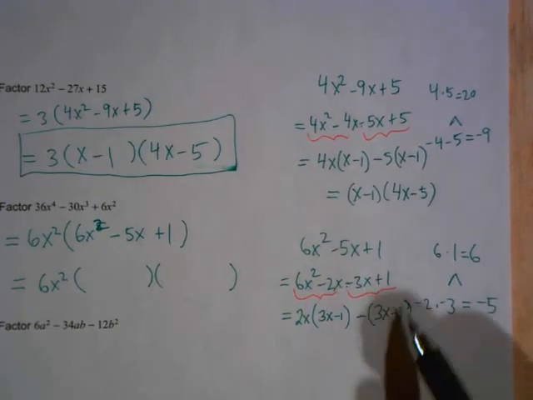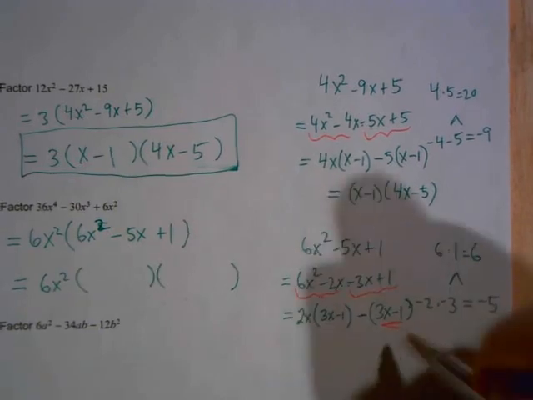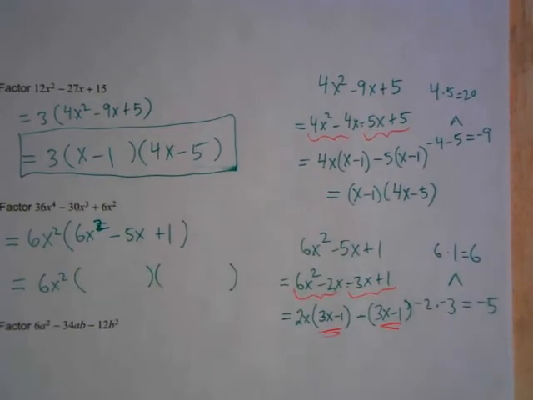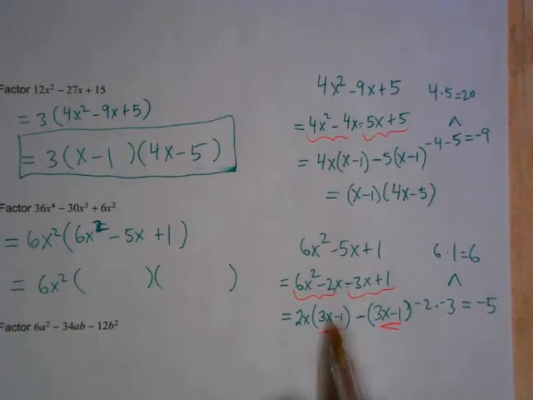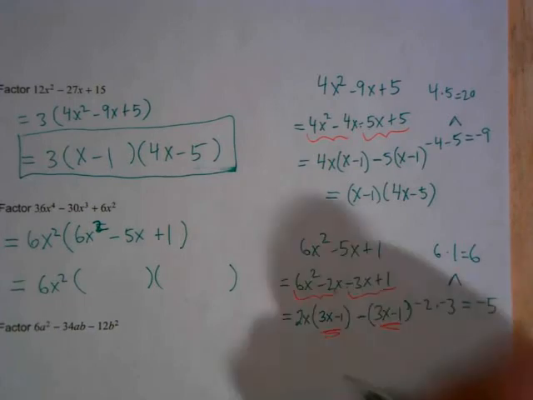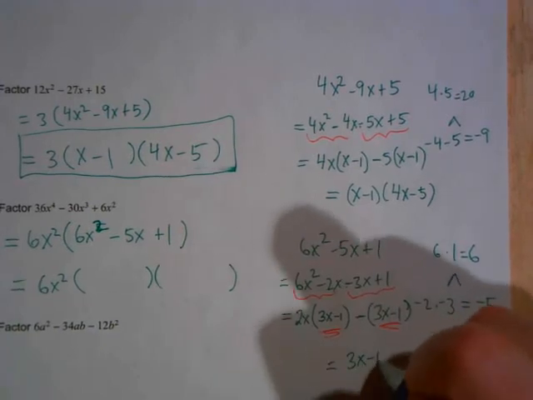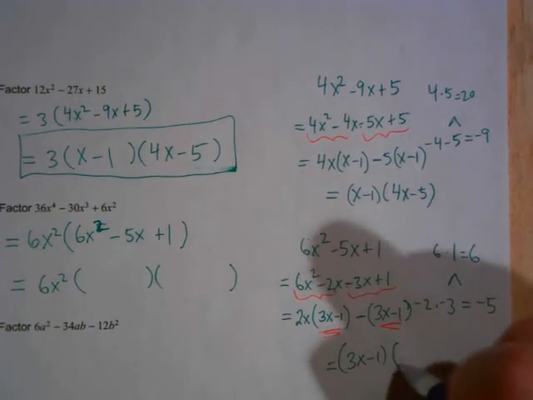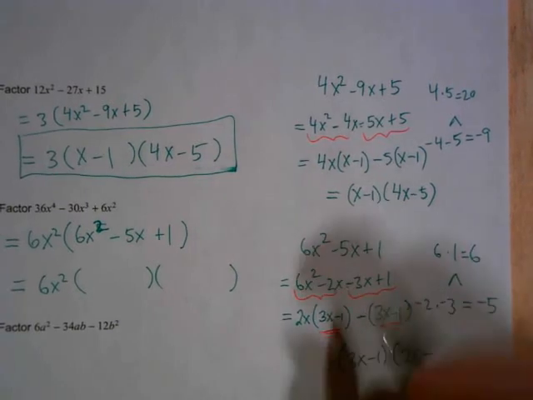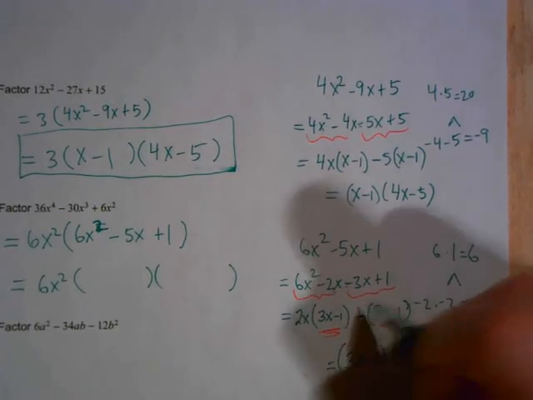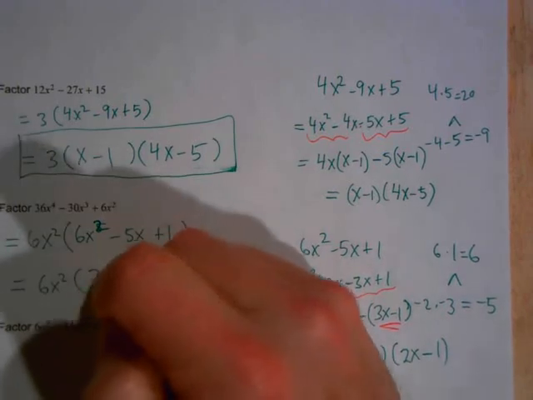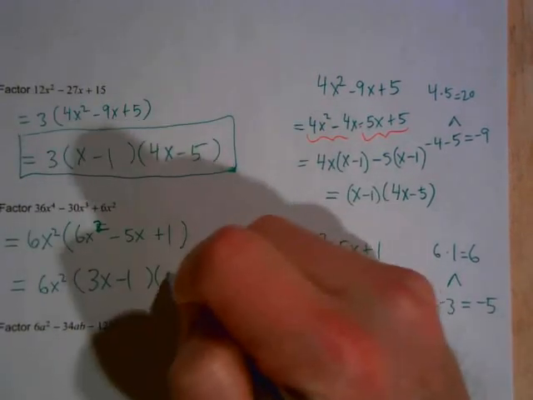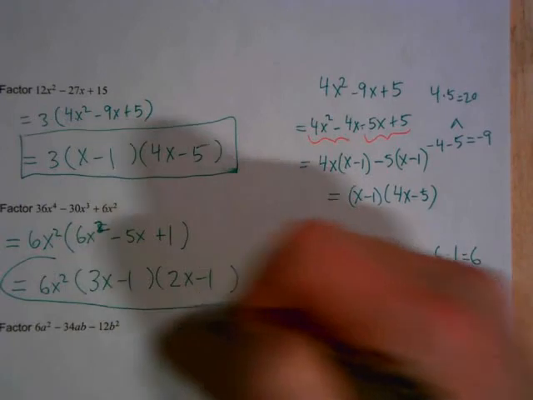Got to change that sign. And I know I'm okay again, because those match. So it's okay if you don't have a common term on one of these 2 pairs, as long as these match when you get done. That means my common factor is a 3x minus 1, and left over would be a 2x minus, if there's no number here, remember it's just a 1. Okay, so here's my final answer. My final answer is I got that 6x squared, then I need a 3x minus 1 and a 2x minus 1.